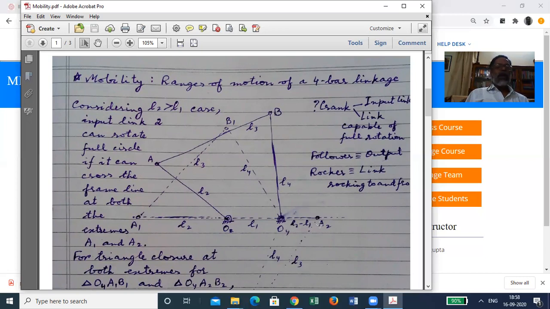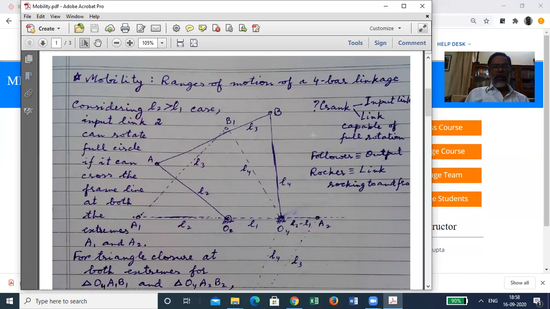Fine. Now, when does it succeed in crossing? When, if A comes to A1 or A2, in both cases, the links don't break. So for not breaking, what is needed?